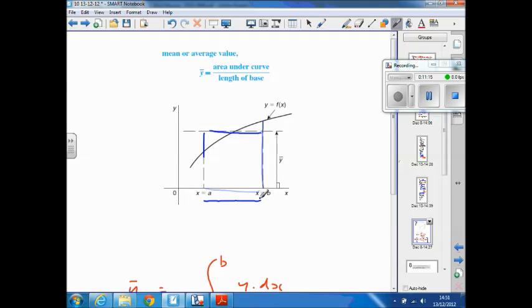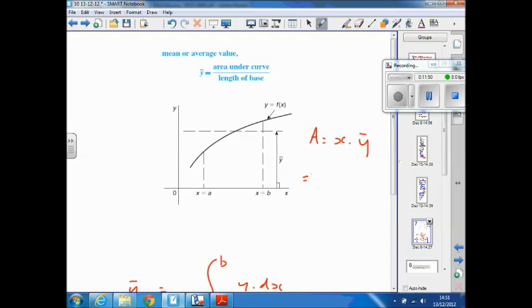The base is length x, which is this bit, and y will be effectively the average value, won't it? So the area equals x times some average value for the y, and this bar means average value.